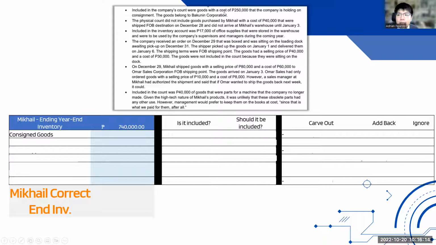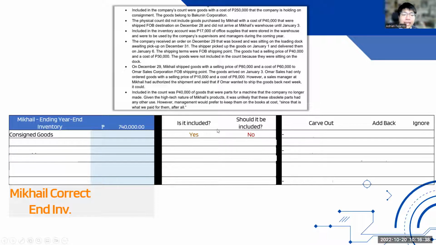Point one, they had consigned goods and they included it in the account. But in reality, they should not have included these consigned goods because, again, they're a consignee, right? Even if you have the physical possession, if you don't have the legal title, then it should not be included.